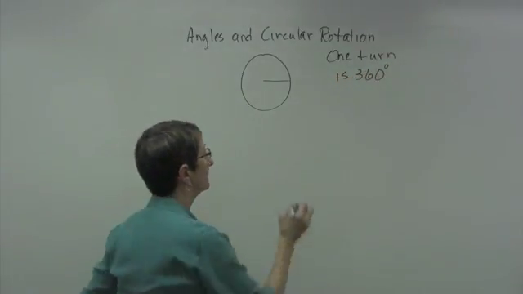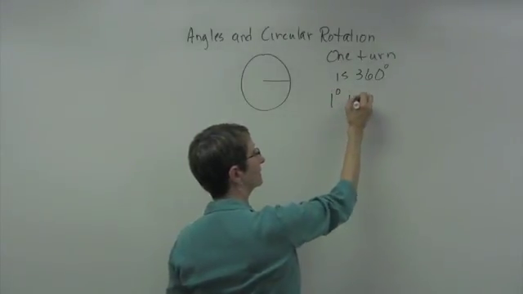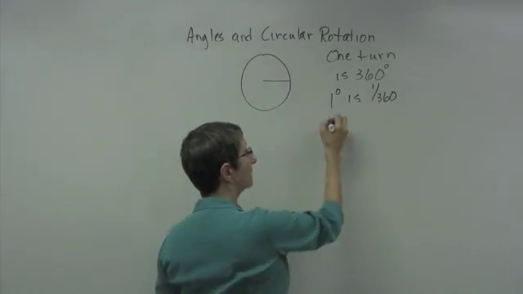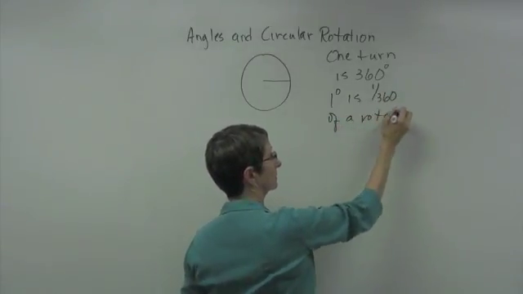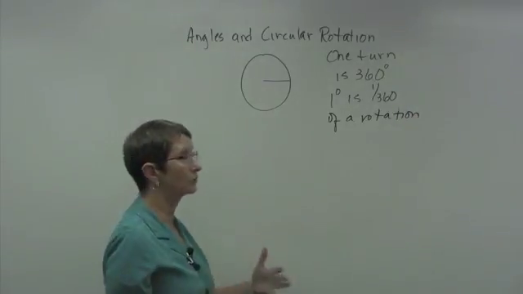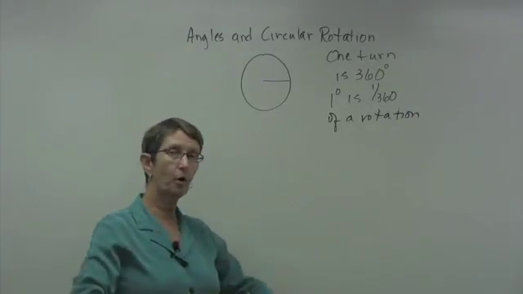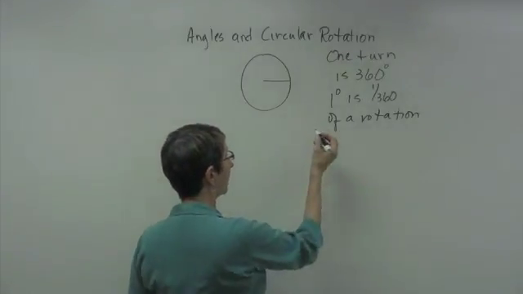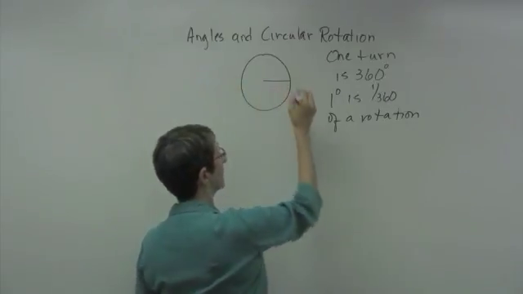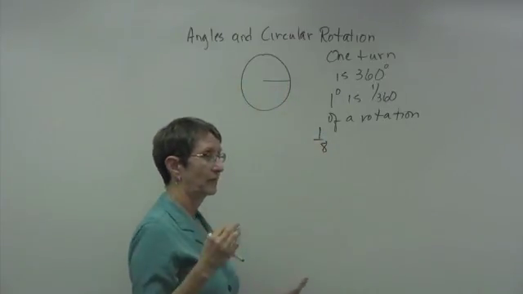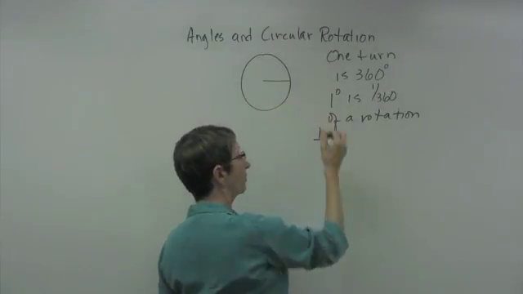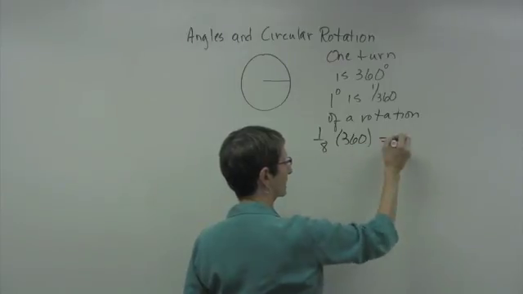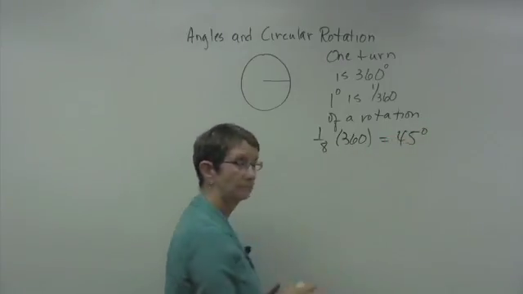Okay. Well, that means that 1 degree is 1/360th of a rotation. So let's look and see what part of the circle we have with other rotations. If I want to go 1/8 of a circle, I'll do that over here, 1/8. 1/8 of the whole thing would be 1/8 of 360, which gives us 45 degrees.